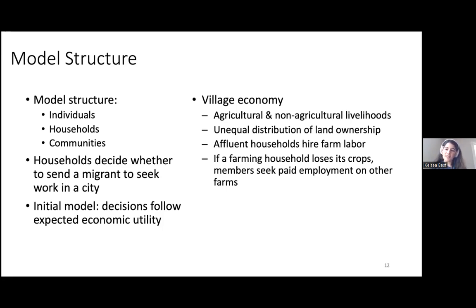And then at the household level, those households are deciding whether or not to send a migrant as a response to that environmental event. The initial model used an economic utility maximization approach for decision-making, but it is flexible, and I'm currently incorporating more behavioral psychology, including the theory of planned behavior, into that decision-making.